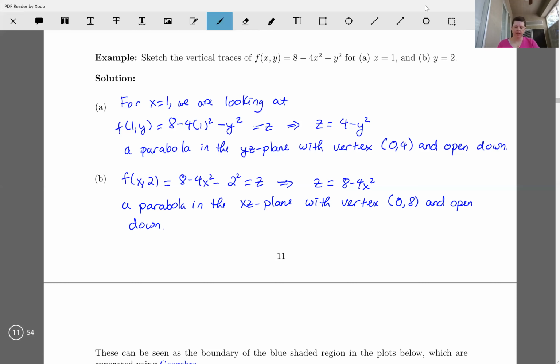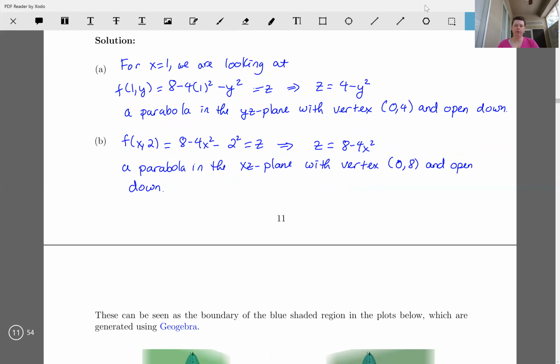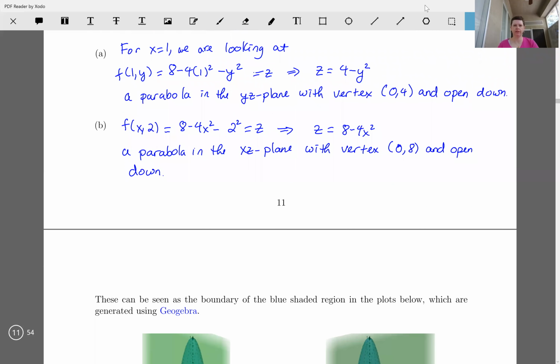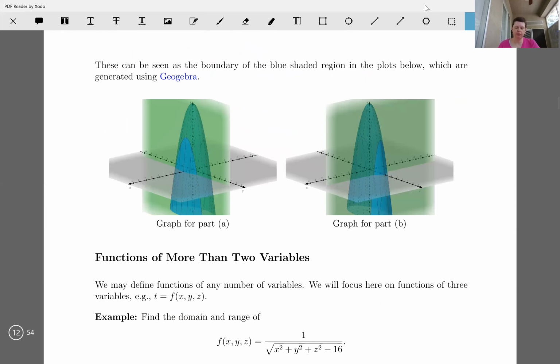Okay, now there's two ways to draw these in Maple or anything else. Well, you might be able to do it in Wolfram Alpha, but the way I drew them is to emphasize the plane intersecting with the surface, and I used GeoGebra for that.